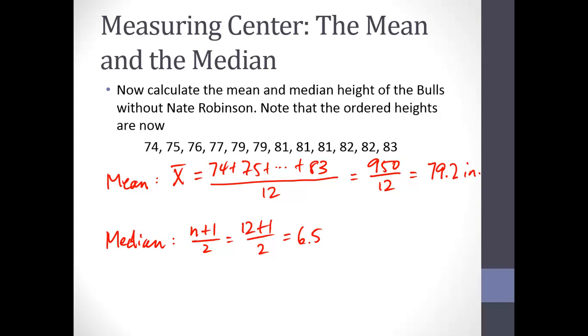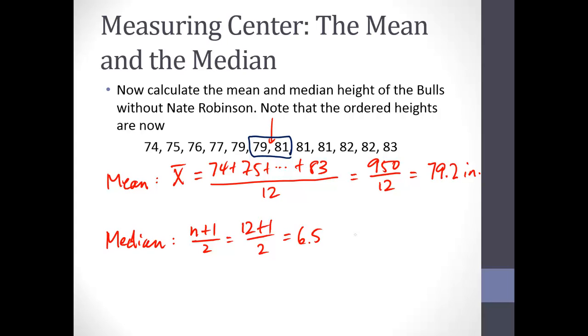So what you want to do, again, remember we want the median to be the number that's exactly in the middle. So the middle here falls between the 6th and 7th number. So those two numbers are sort of around the middle of the data set. When you have an even number, what we can do is take the two numbers on either side of 6.5, so the 6th number and the 7th number, and average them together.